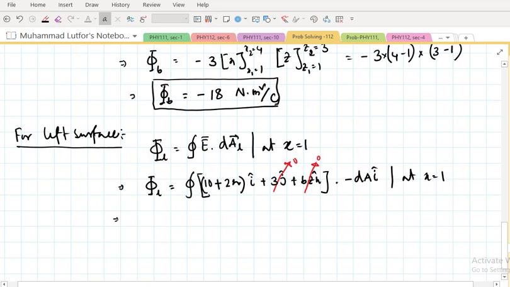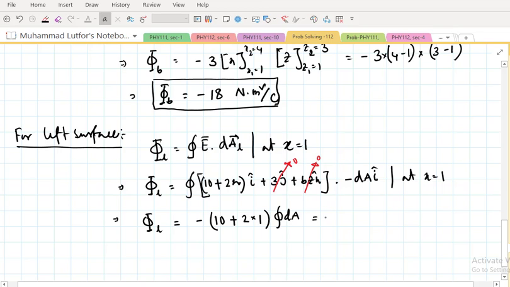Now I can write phi left, and I put x equal to 1 over here, i dot i is 1, then there's a minus sign, minus 10 plus 2 into 1, I put the value of x equal to 1, into minus sign, and i dot i is 1, into dA, enclosed surface.